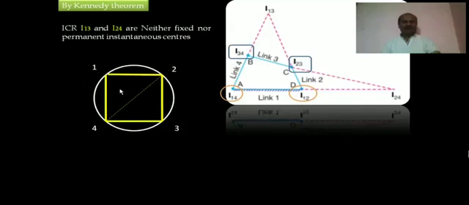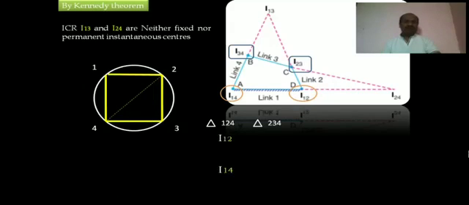Remember, whenever you have to find an ICR, you have to check whether this line is dividing the diagram into 2 triangles, where the line itself is a common line for those 2 triangles. So here, for triangle 1, 2, 4 and triangle 2, 3, 4, line 2, 4 is a common line.